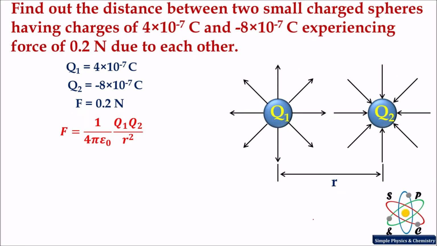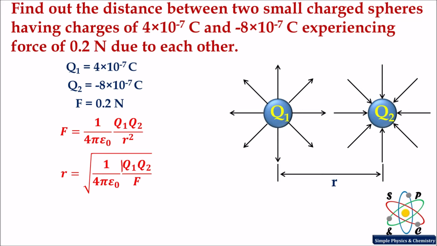For that, we'll again consider this equation, and if we rewrite it in the following form, r becomes the square root of 1/4πε0 q1 q2 by F. Here r should be positive, not negative, because it is a length, and it will not be imaginary, it will be a real number.